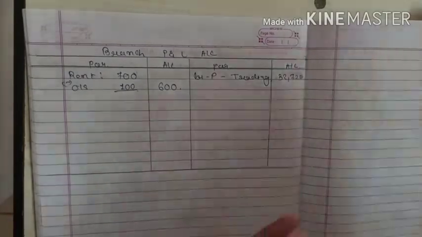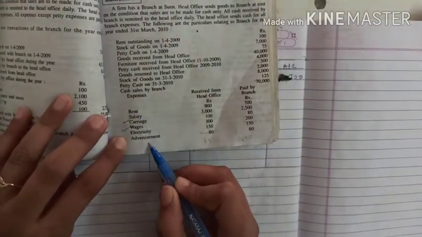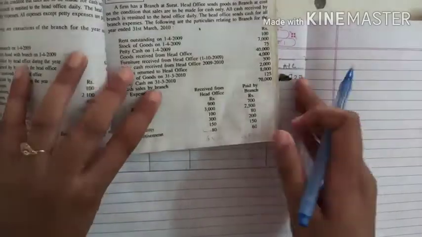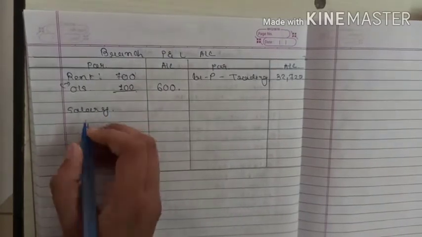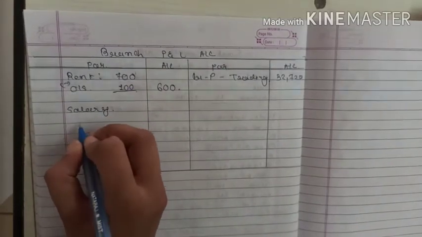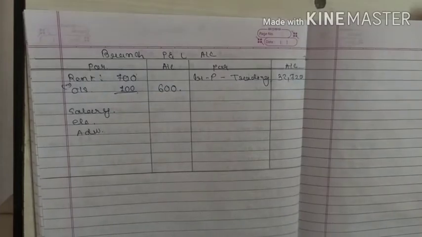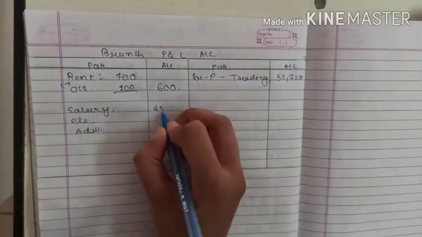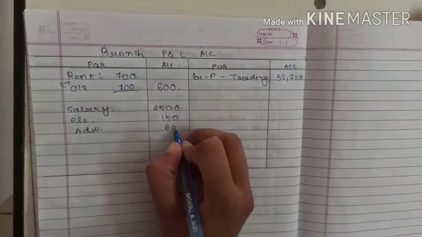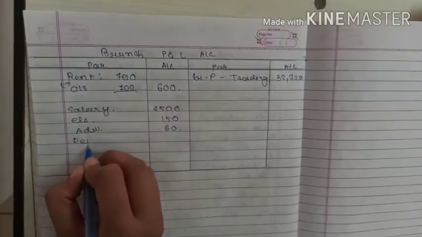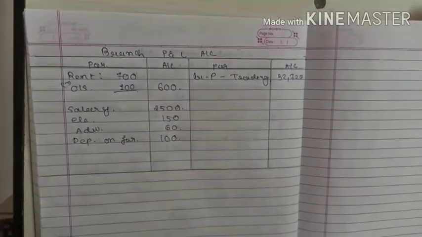Then other expenses were there: salary, electricity and advertisement, actually paid by the branch. Salary is 2,500, then electricity 150, advertisement 60, then depreciation on furniture we have calculated already, that is 100.